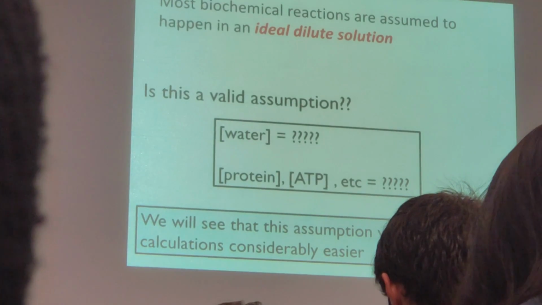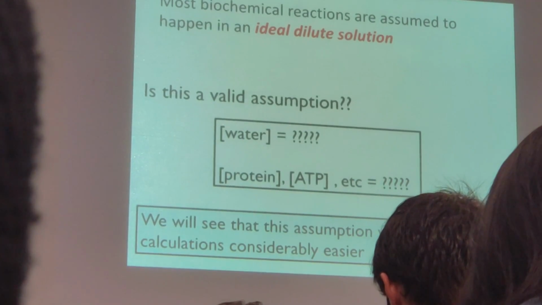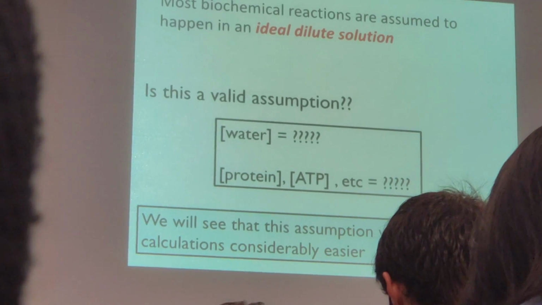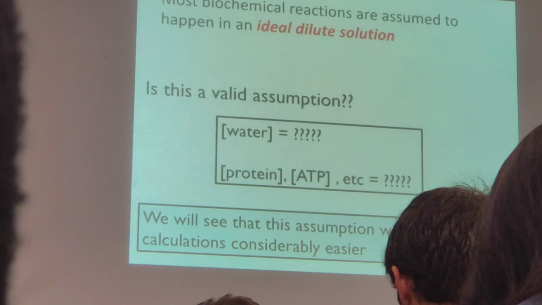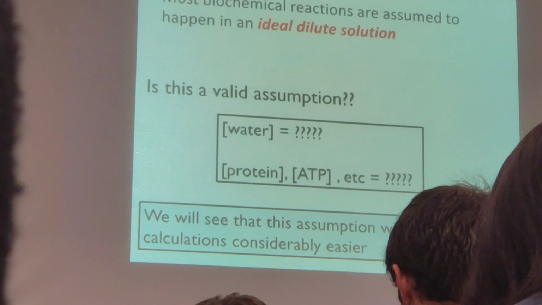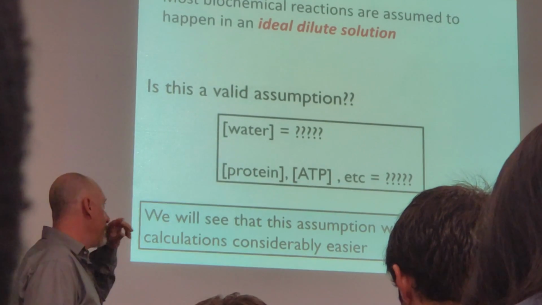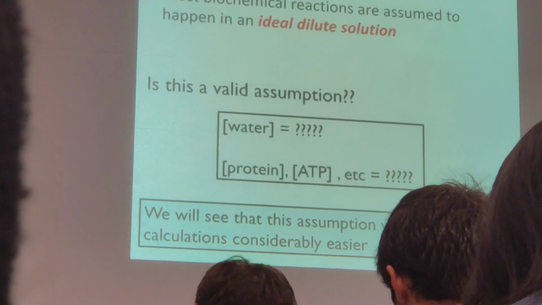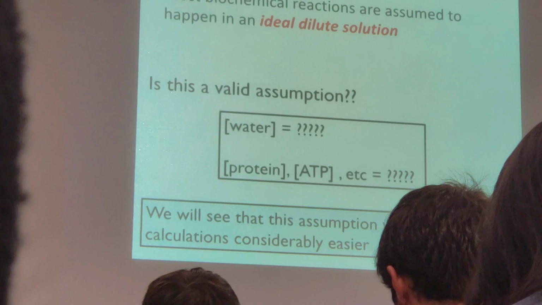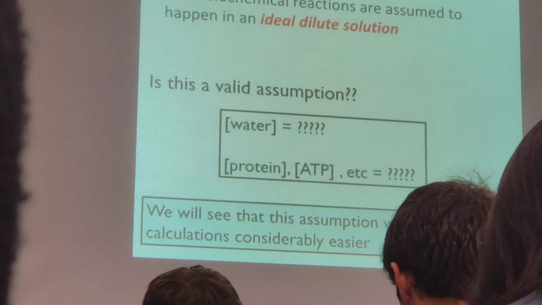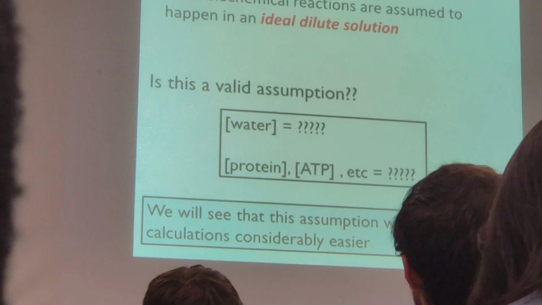The concentration of water in a cell is large, probably pure water, about 55 molar. It's a little bit less than that. If I think of where protein, ATP, and things like that are poised, what concentration regime am I in? What do we think for ATP? It's not molar, by the way.